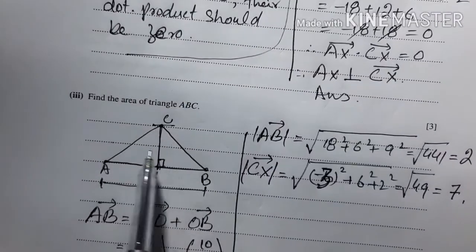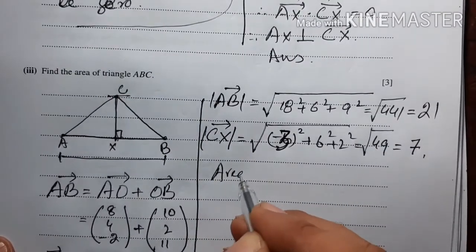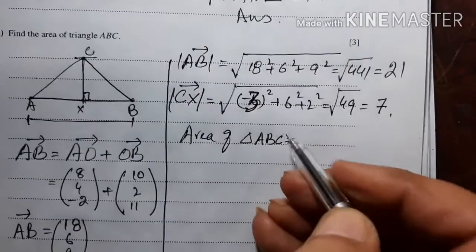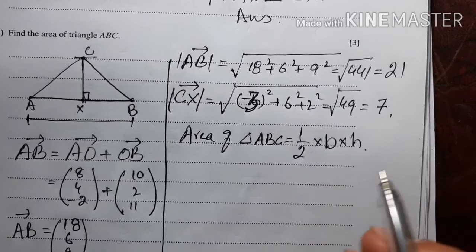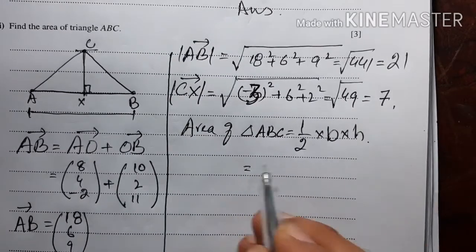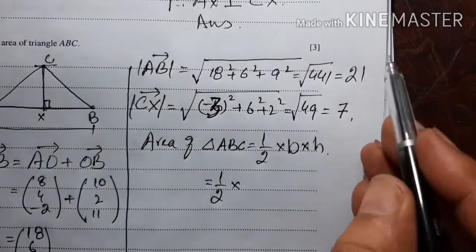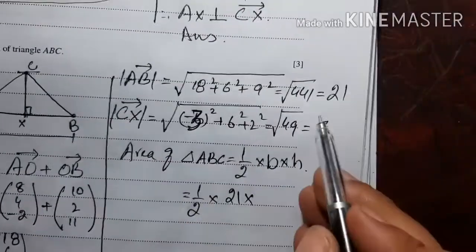Now, for the area of this triangle, we know the formula: 1 by 2 into base into height. So 1 by 2, the base is AB, which is 21, and the height is CX, which is 7.